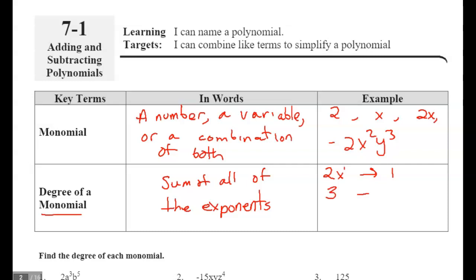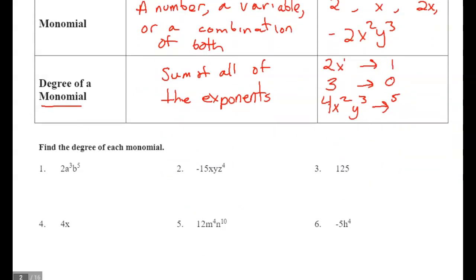Something like just a number 3 has a degree of 0. And then we get a little more complicated. We have this 4x squared y cubed. Then we add the exponents together. That's where the word sum comes in. And we're talking about that monomial, so we do 2 plus 3 and get 5. Does this find the degree of the monomial?